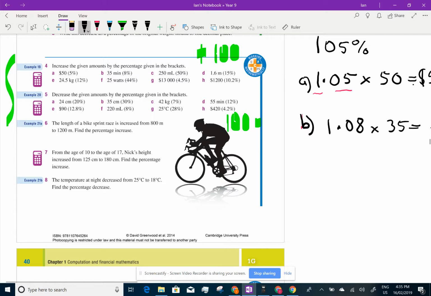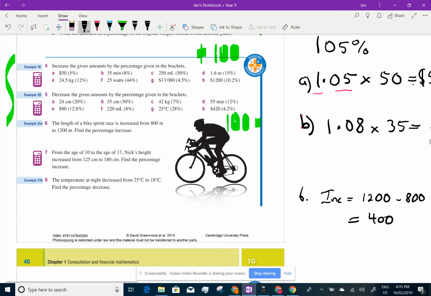Now also we did question 6. And question 6 is finding the percentage of an amount. The length of a bike race has increased from 800 to 1200. So the increase, and a lot of people just grab this, and I wasn't happy with it, 1200 minus 800. So it's increased by 400.